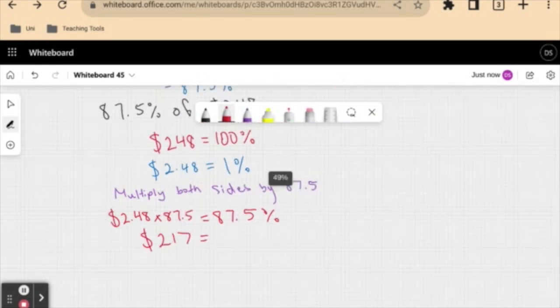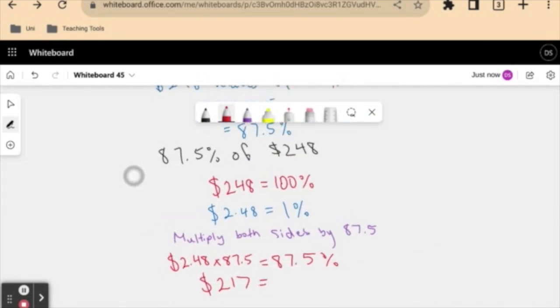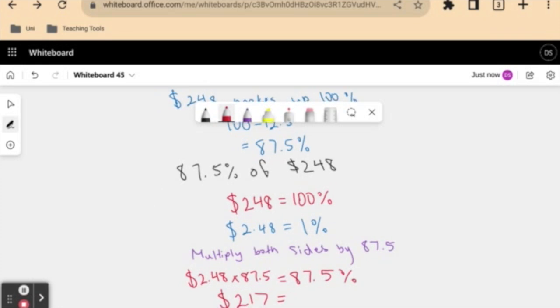So, we have just found that when we apply some discount to a marked price, then we are just finding obviously a smaller number because it's a discount, but we're finding some percentage of that total price. And that is how discounts work.